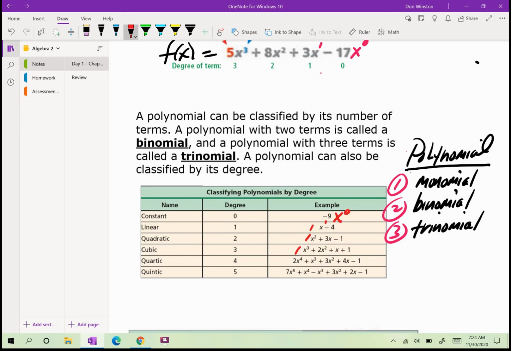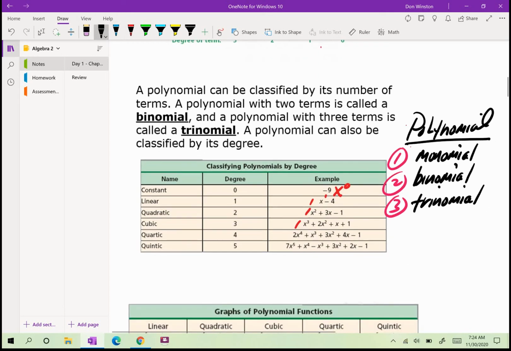For the cubic, I could say it's a cubic polynomial. Again, any polynomial with more than 3 terms, we just say it's a polynomial. And then the quartic, I could say it's a quartic polynomial. And then the quintic, I could say it's a quintic polynomial.